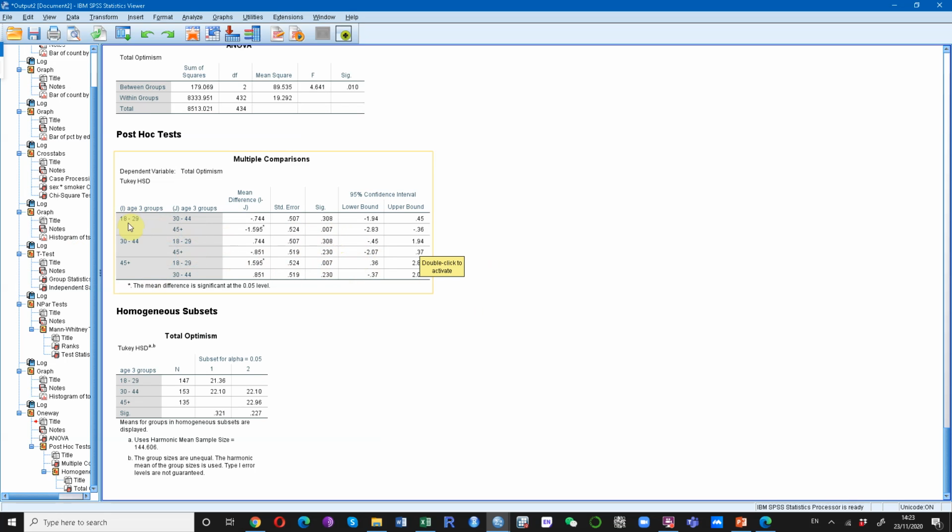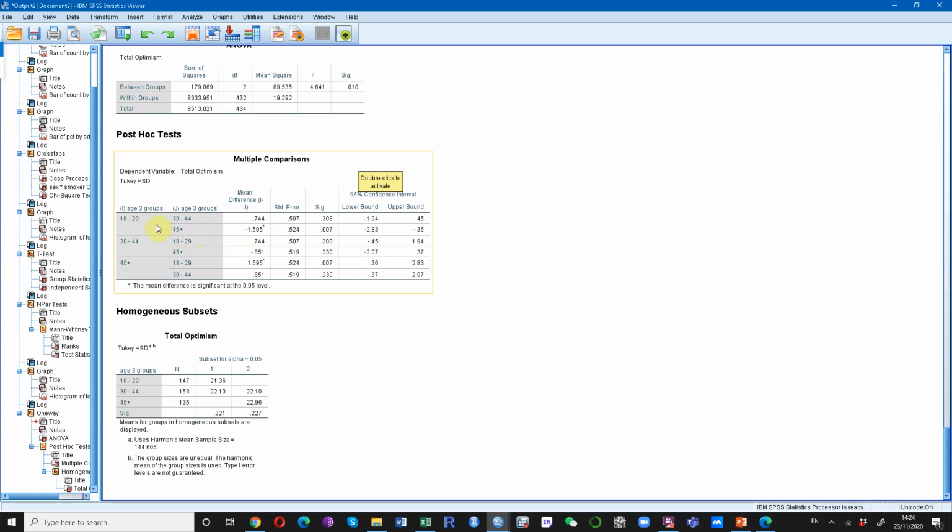So the significance lies between the 18 to 29 group and the 45 group, and that significance level is even lower than the group significance level, because this is the reason behind why there is significance. And we could interpret the direction in a way that, okay, comparing young to old, it's an increase, but there's a minus value of the mean difference, which means the optimism level actually decreases.